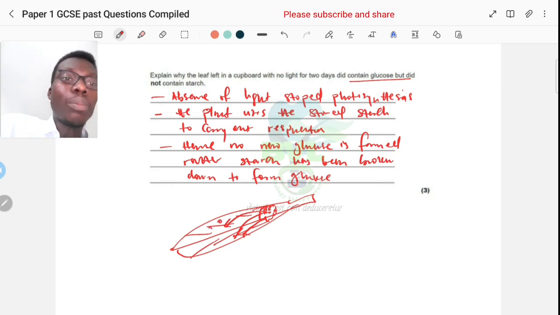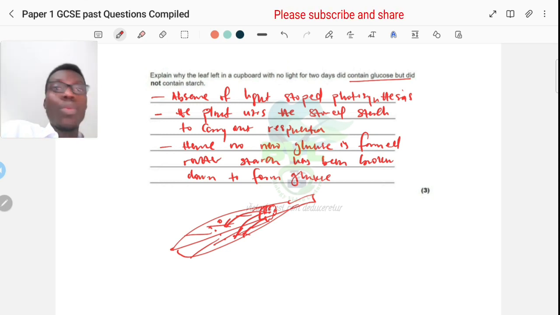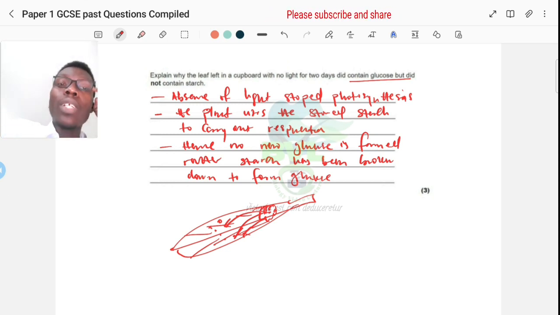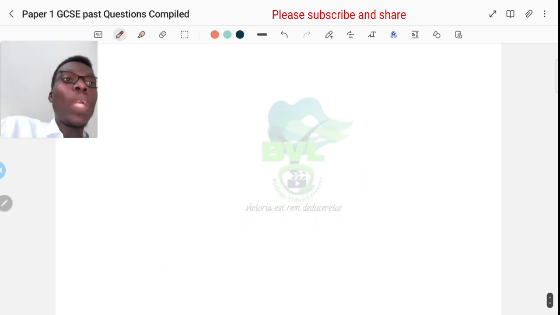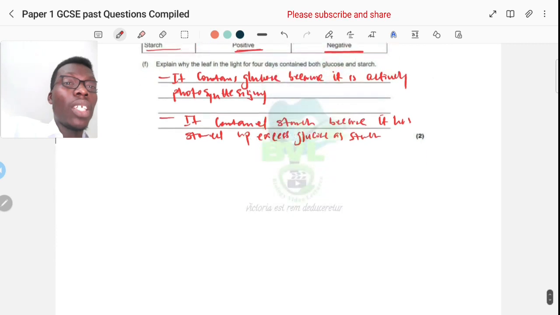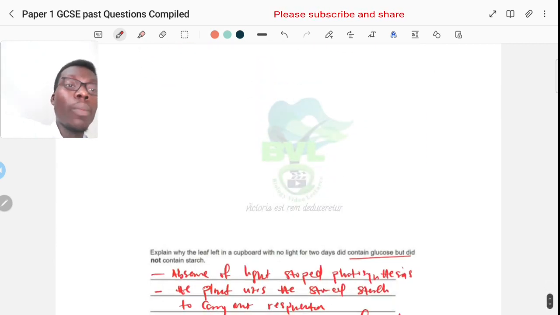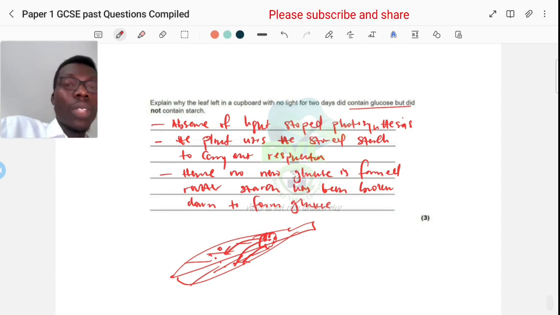So glucose is present, but starch is not present anymore because, like, you store the money in the bank, so you've withdrawn the whole money and you are not working, so you are not getting paid. So since you're not getting paid, you just have to keep spending your savings. And here it says, in fact, weak positive. That means if care is not taken, the glucose will be used up for respiration, no more starch to convert anymore, then the leaf will start dying, so to say.